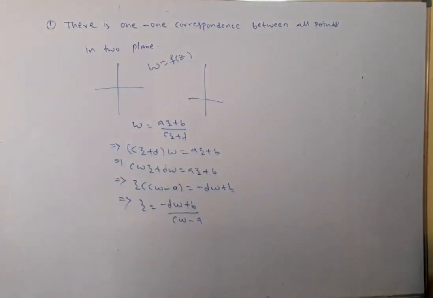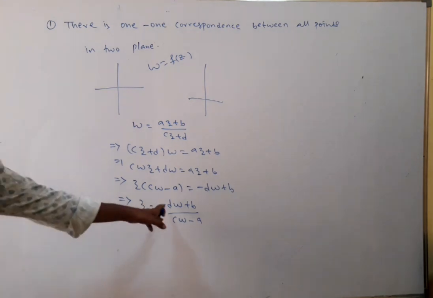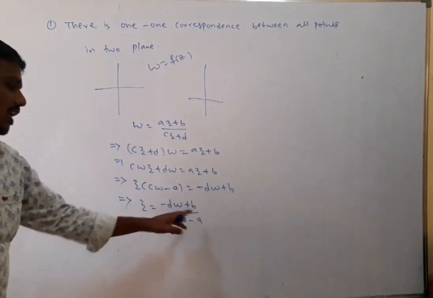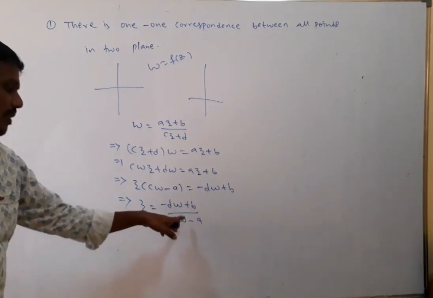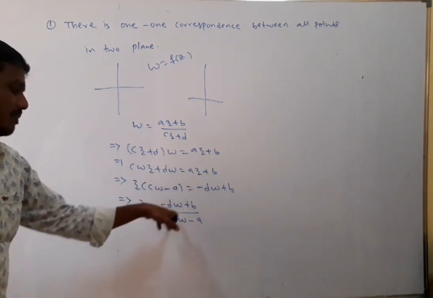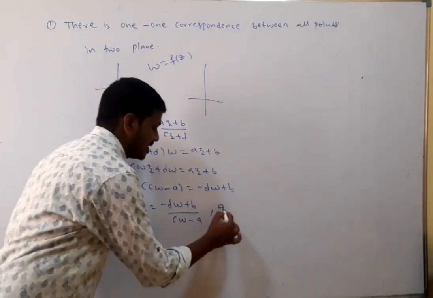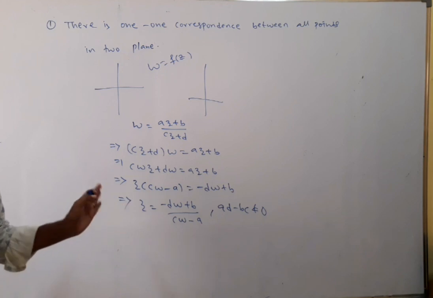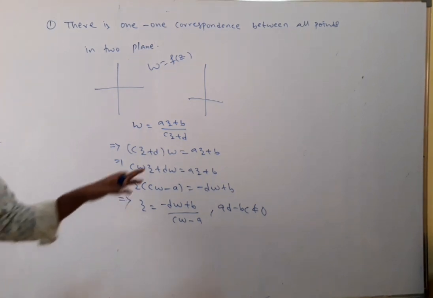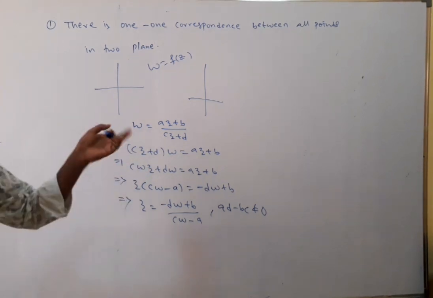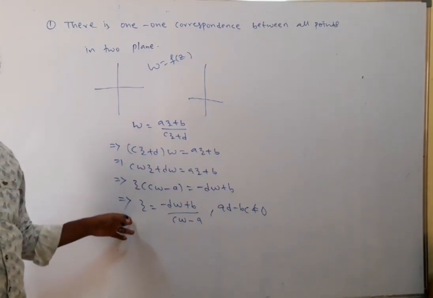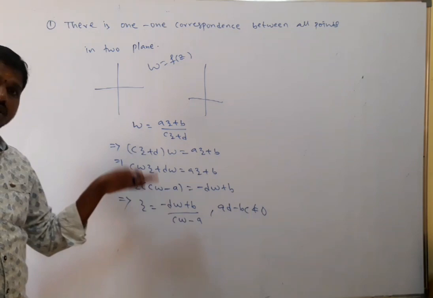Here also ad minus bc is not equal to 0. Here it is ad minus, d into minus a: minus into minus gives plus, so ad minus bc is not equal to 0. When we have a transformation az plus b divided by cz plus d with ad minus bc not equal to 0, such a transformation is called a bilinear transformation. Here z is an inverse transformation, and the inverse transformation is also bilinear.